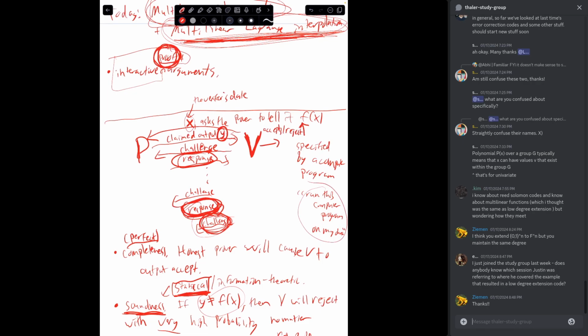The honest prover will just run the computer program and hopefully not do that much extra work to prove that the claimed output is correct. So the honest prover is efficient. The verifier saves a lot of work by not having to run the computer program itself. But the interactive proof is secure even if the cheating prover spent trillions of years trying to convince the verifier of a false claim.